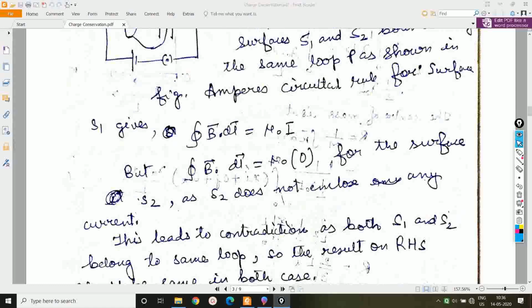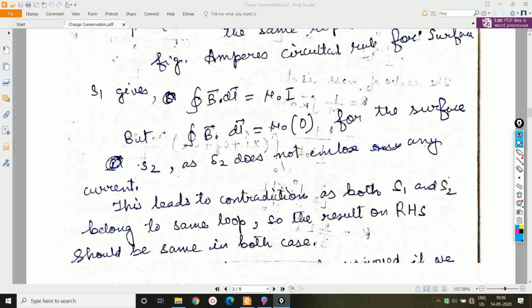That cannot be, because that puts a serious contradiction on Ampere's circuital law. You have the same loop as the boundary, but you cannot have different values on the right hand side for it, in simple language.